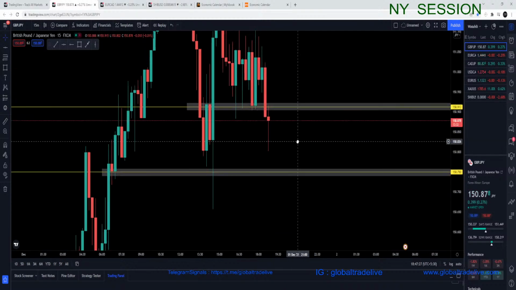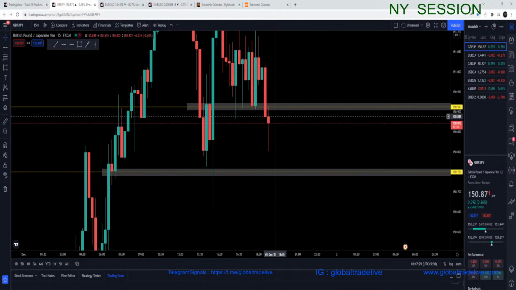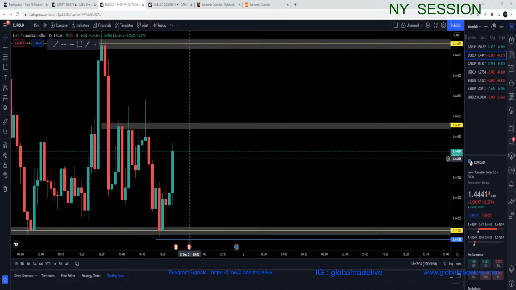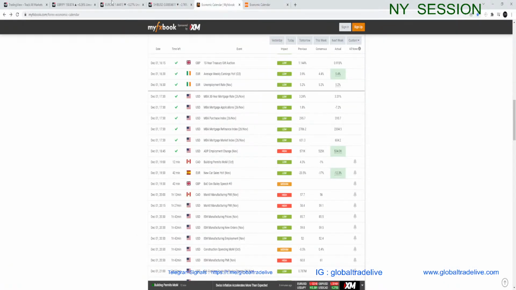But the thing is, it's now rejecting this area. It can move up again. Let's see how the market will be moving with time. And EuroCAD is also moving up. Maybe because of the news, the USD came out better right now. So that means EuroCAD will be moving up because the Canadian dollar will be getting weak.